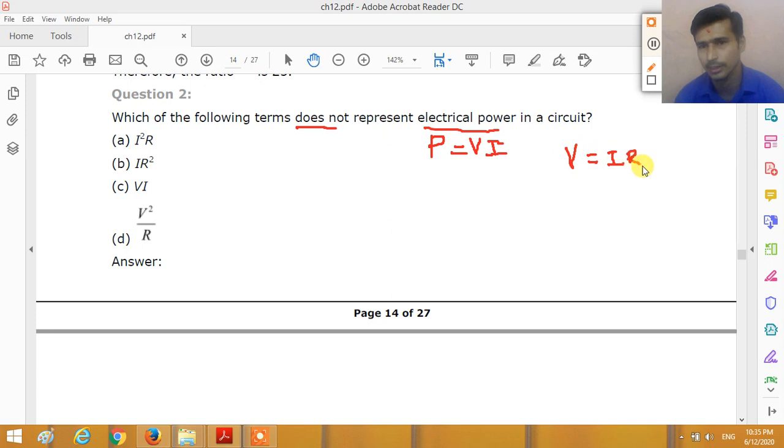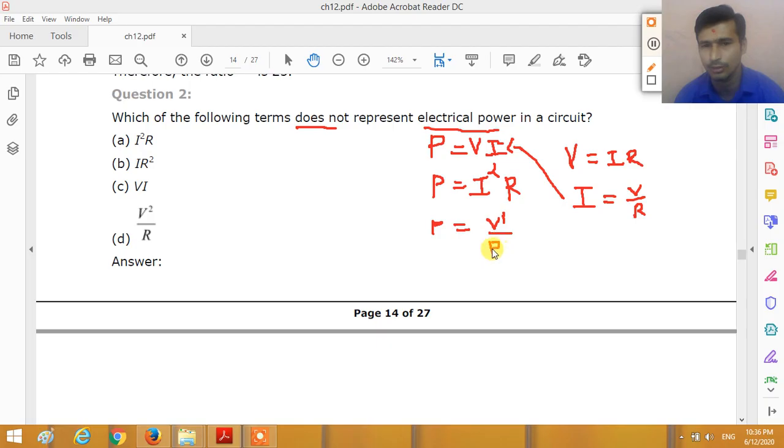So placing that, we get another formula of electric power, P is equal to I square into R. And instead of I, if we place I is equal to V divided by R, we get the other formula of the power, P is equal to V square divided by R, right?